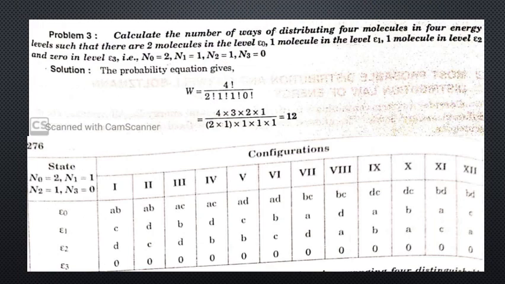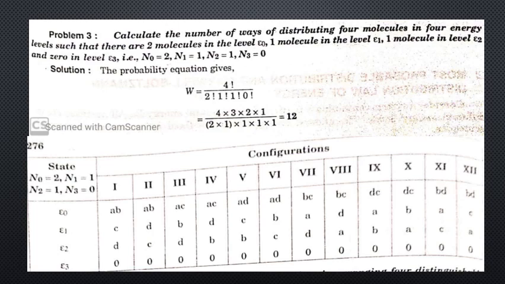Here is one more problem. Calculate the number of ways of distributing 4 molecules in 4 energy levels such that there are 2 molecules in the level E0, 1 molecule in the level E1, 1 molecule in the level E2 and 0 in level E3. That means N0 is equal to 2, N1 is equal to 1, N2 is equal to 1 and N3 is equal to 0.